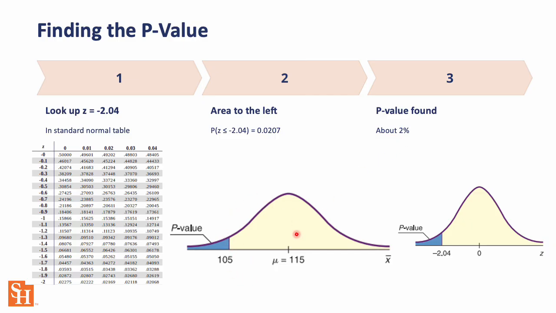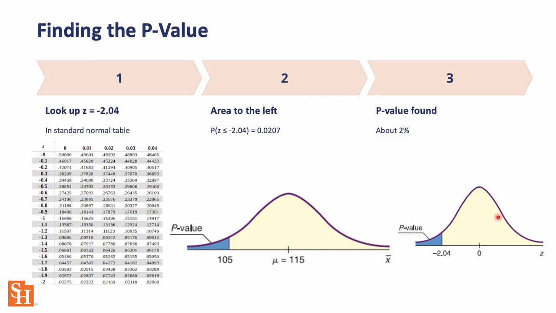And remember, this probability value that we calculate for the test of hypothesis is known as the p-value. So p-value is also a probability, right? So what is this probability? This is the probability of observing a value less than or equal to 105 if the population parameter value is 115, right?